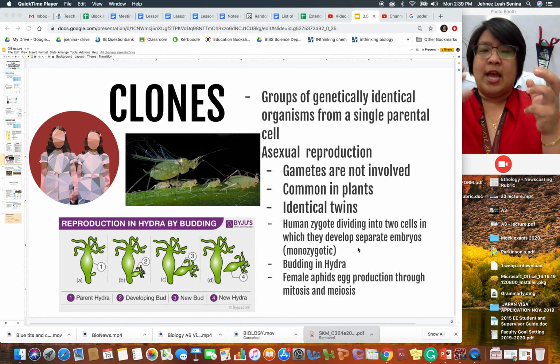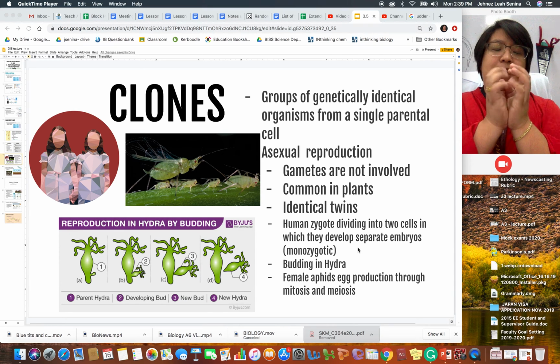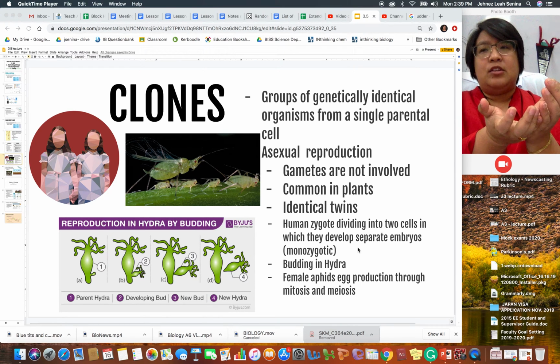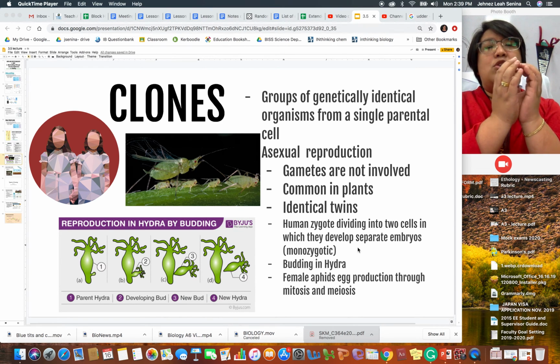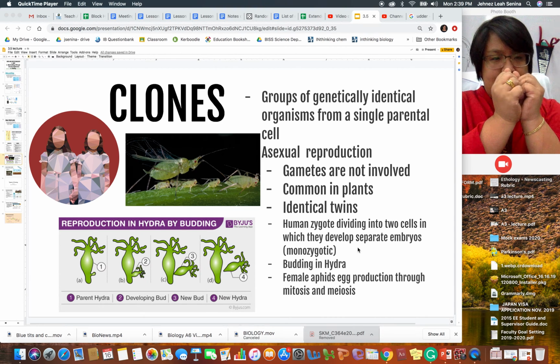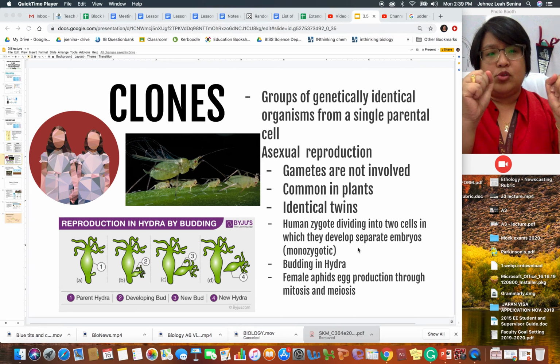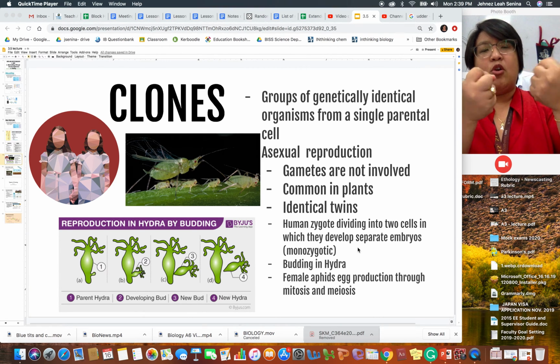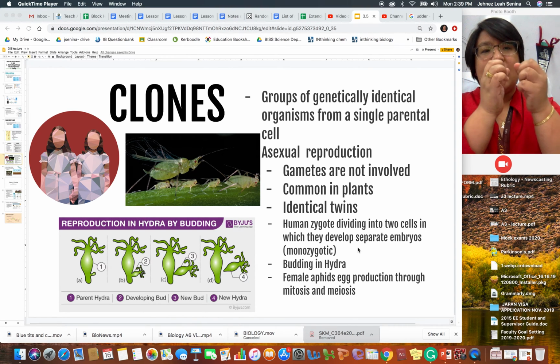When the sperm and the egg meet, you have a zygote, and this zygote normally divides and becomes many cells. For the case of twins, the division of the cell is not regulated, wherein it completely divides and separates into two cells. Each of these will keep dividing and growing into individual embryos, but they originally came from one cell.